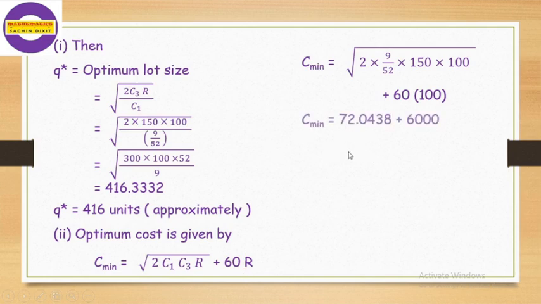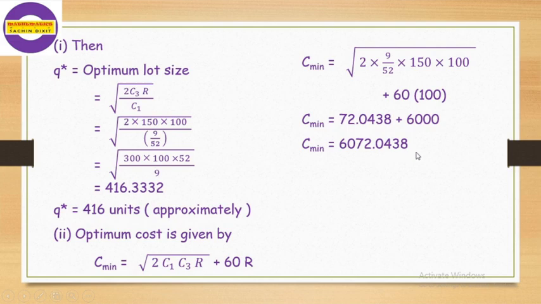Then calculate this under root. Under root of 2 multiplied by 9 by 52 multiplied by 150 multiplied by 100 gives 72.0438, plus the cost of the product, that is 6000. So the value of C minimum is 6072.0438.